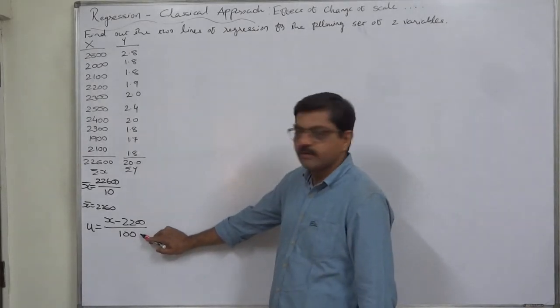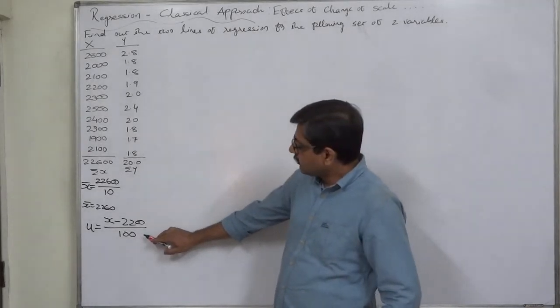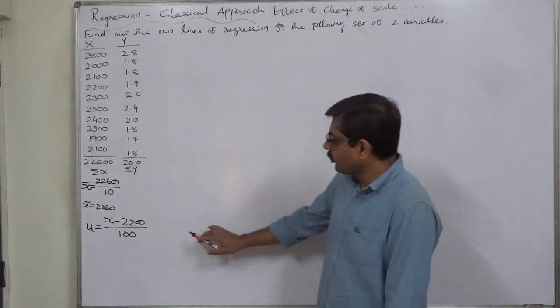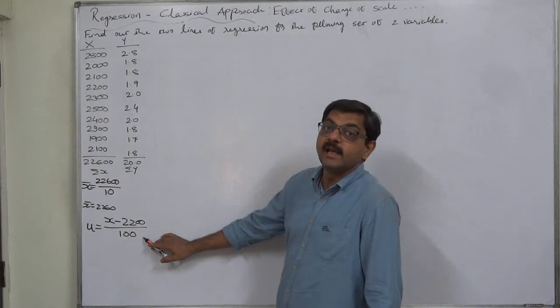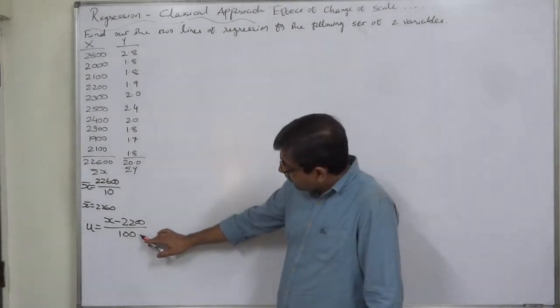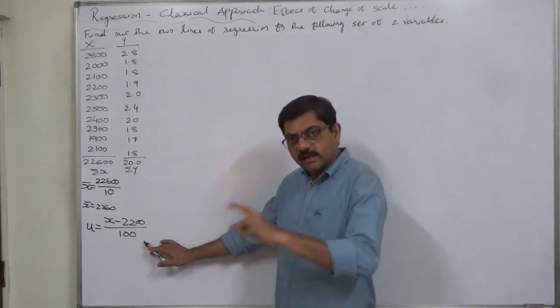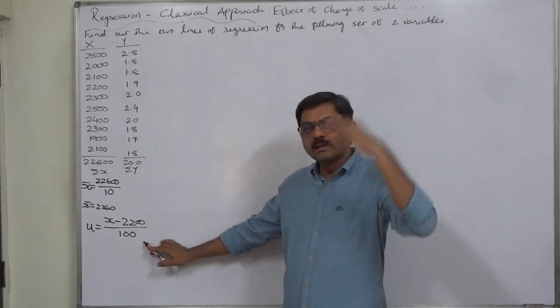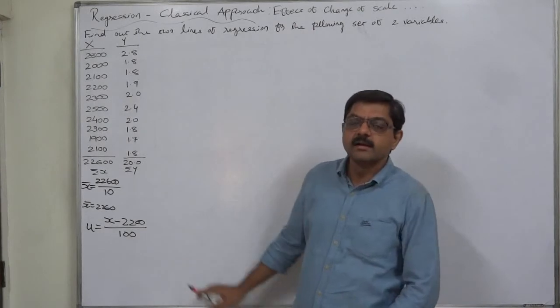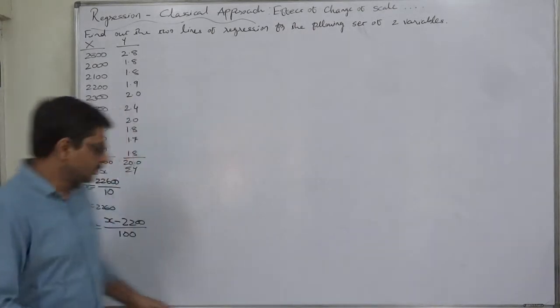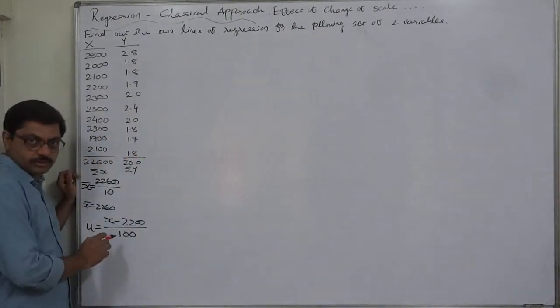Now what will be the reverse? In the denominator or numerator, where there is u, we will have to multiply by 100, because here we have divided by 100. So as a reverse effect, we have to multiply the coefficient by 100, where the summations of u or u square are used.